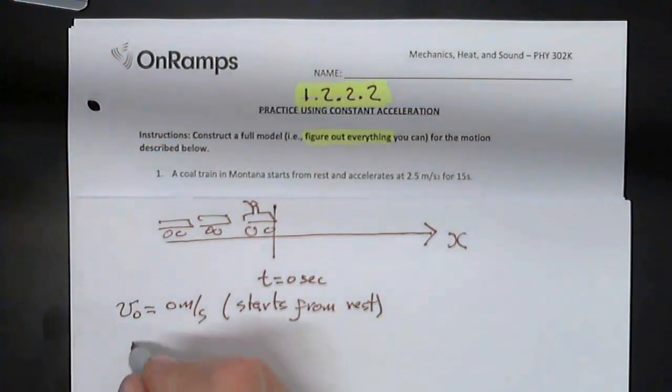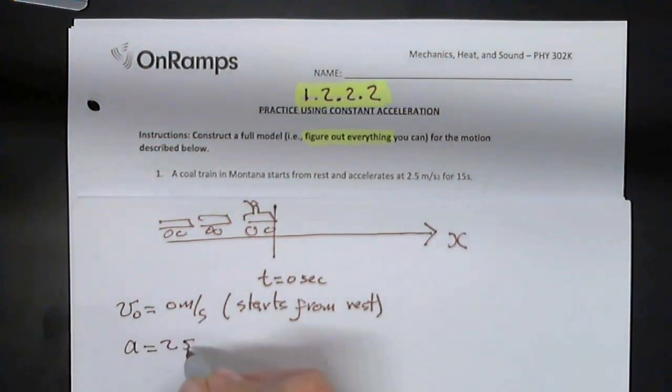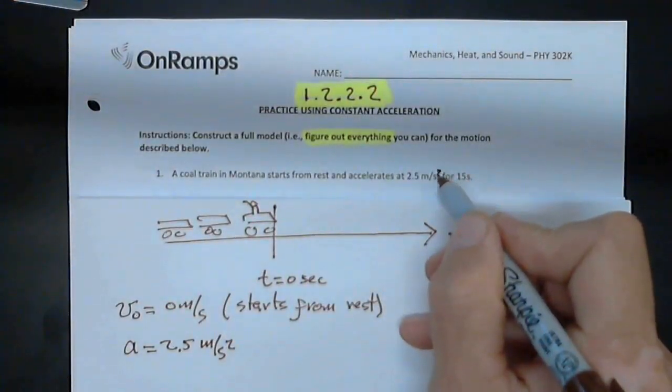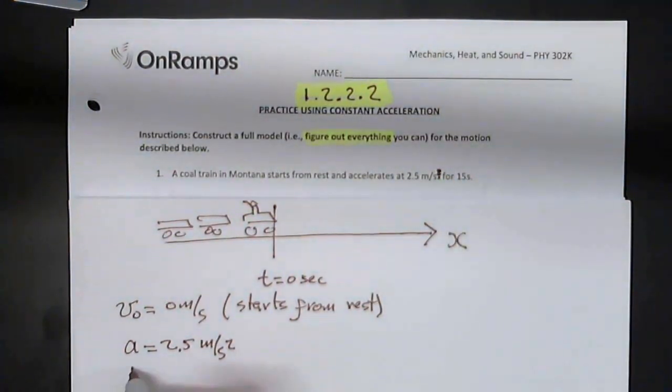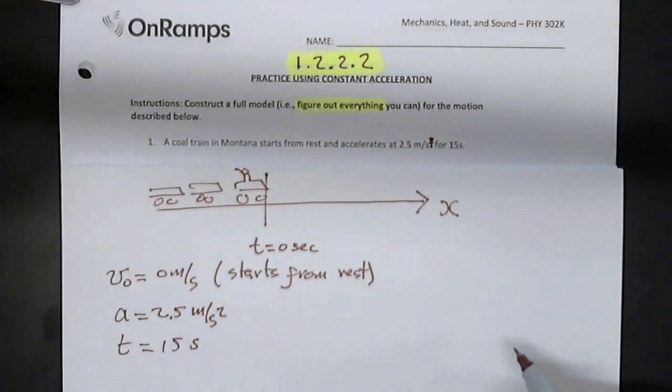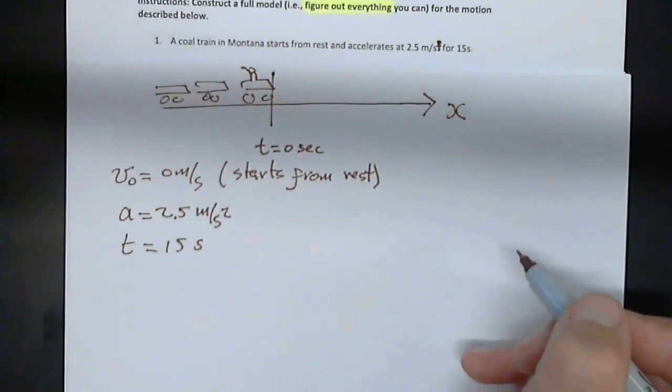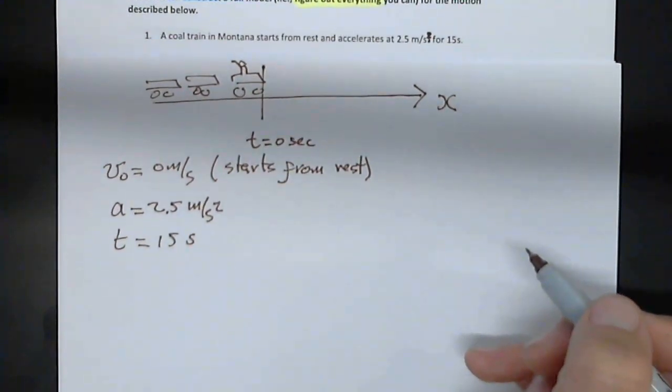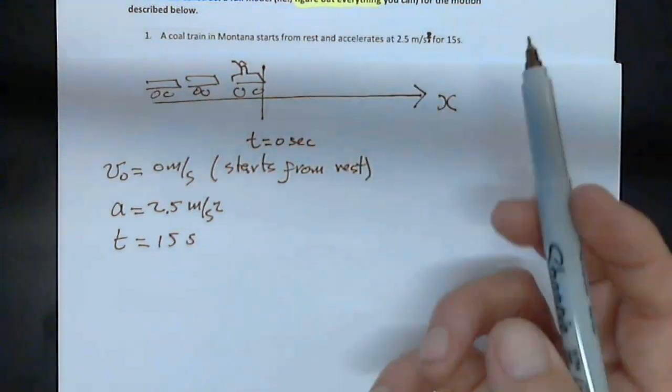They are telling you that it's accelerating at 2.5 meters per second squared. This 2 over here is supposed to be here. And it did that for 15 seconds. And now, what could be asked in this problem? Figure out everything.